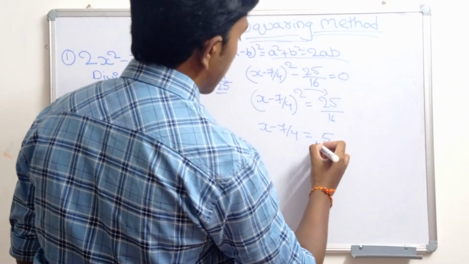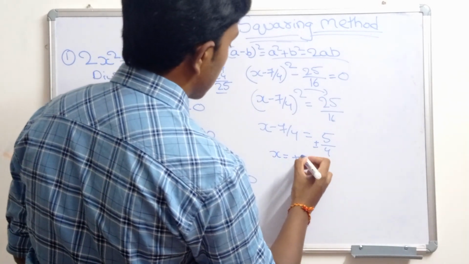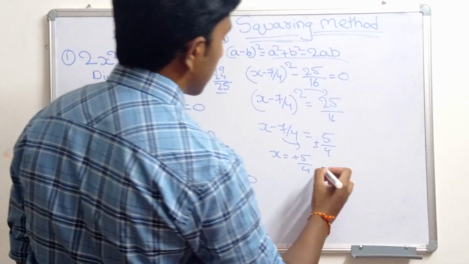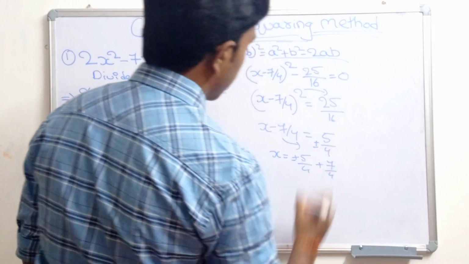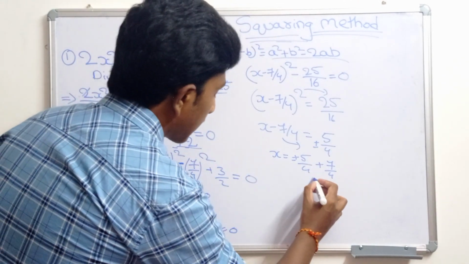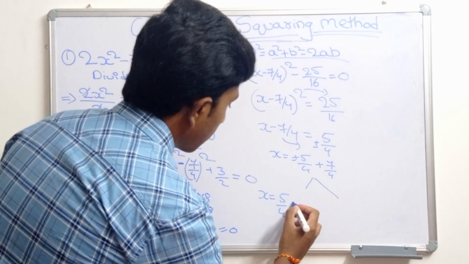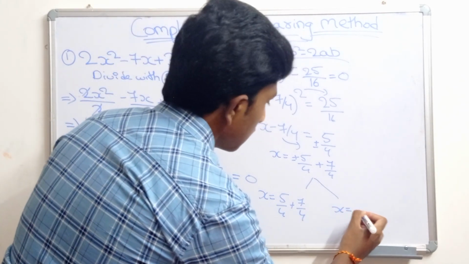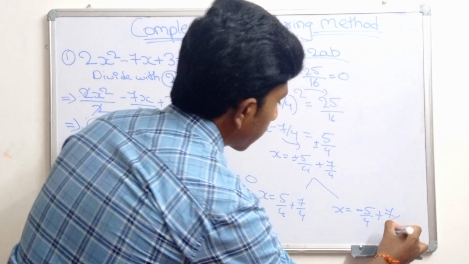That means we get plus or minus 5/4. When you send minus 7/4 that side, you will get plus 7/4. So first we'll split it again, as we know. x is equal to 5/4 plus 7/4, and again x is equal to minus 5/4 plus 7/4.